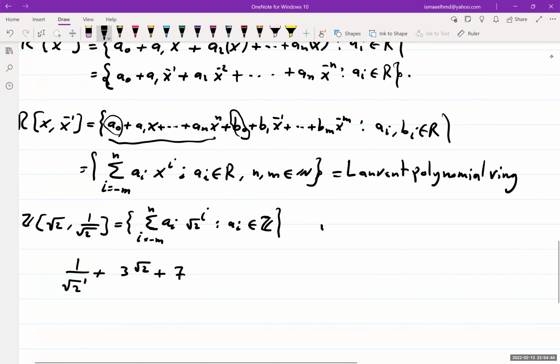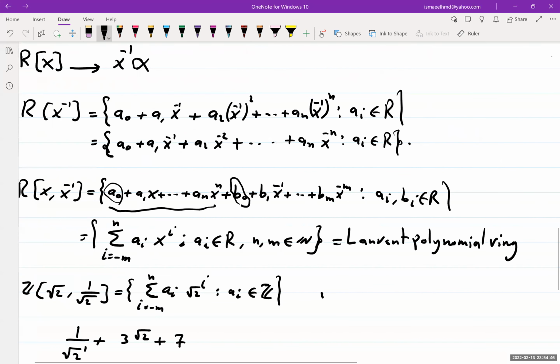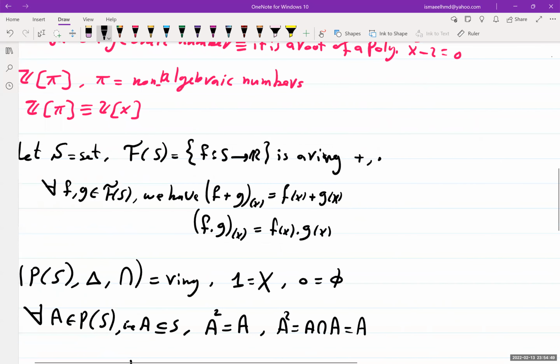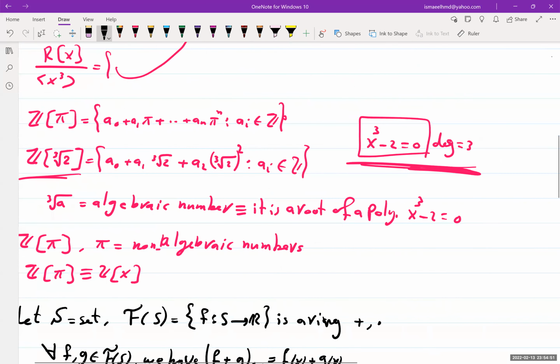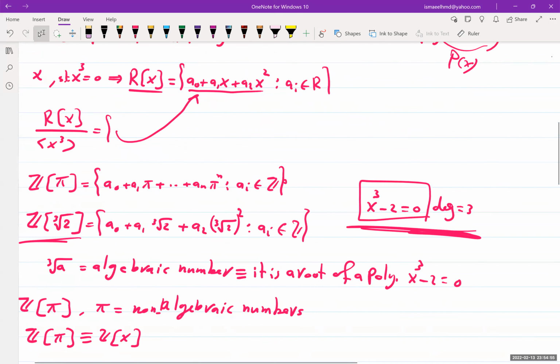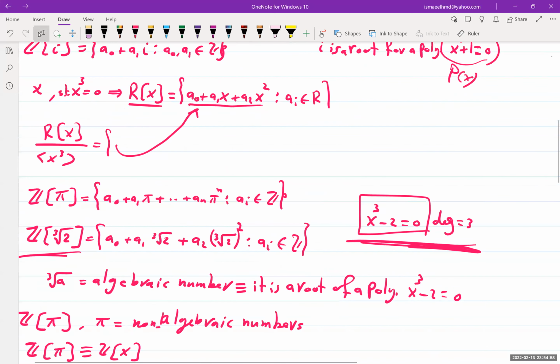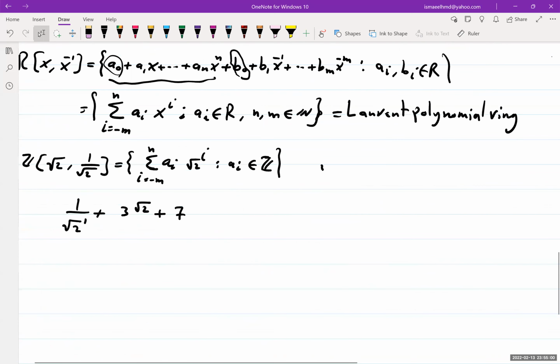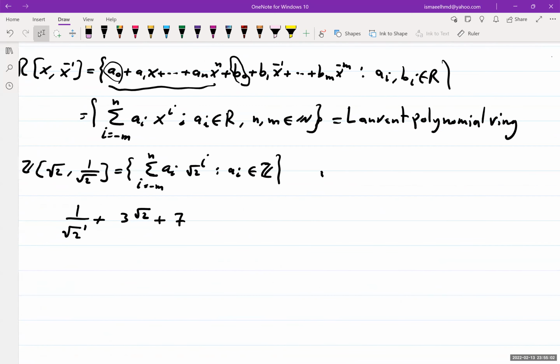Of course, as we wrote before, Z of square root of 2 or cube root of 2. Since square root of 2 is a root of a polynomial of degree 2, that means square root of 2 is a root of a polynomial like x squared minus 2 equal to 0.